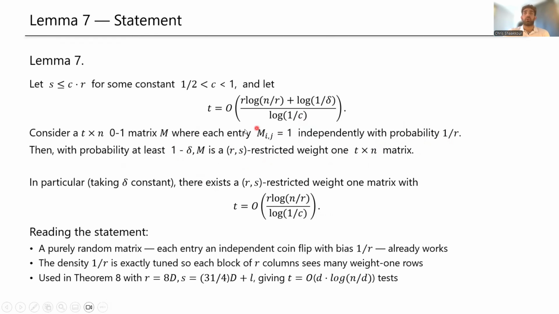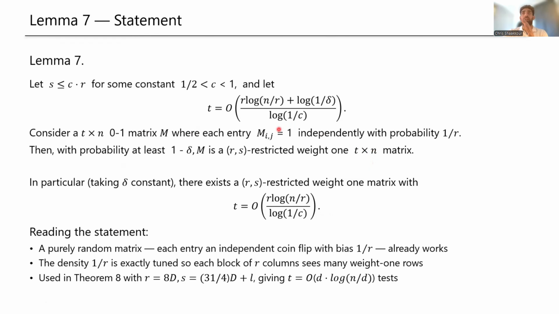I want to put another note here that Mij, if you remember the first few slides, is actually the questions I'm going to ask about these sets. The number of columns is all of the items N that we are trying to search for defectives in, and T is the number of rows, which is the number of tests I'm going to be running.